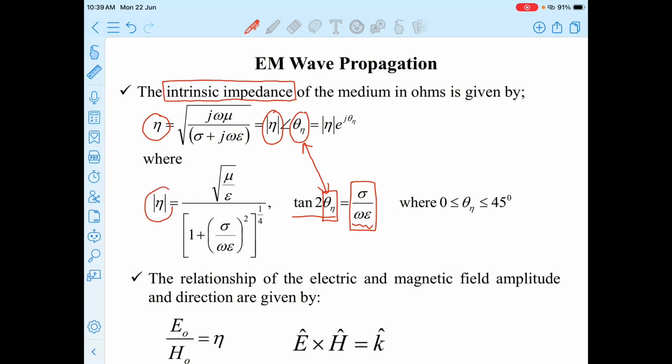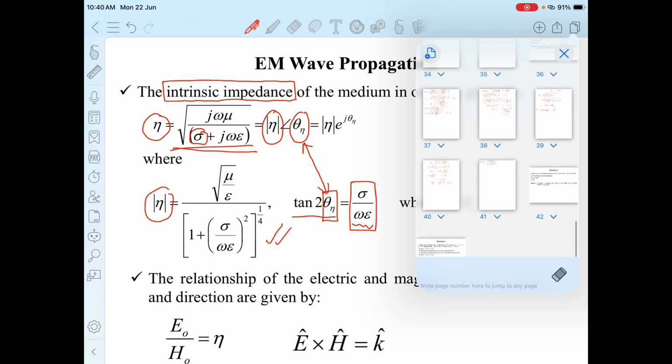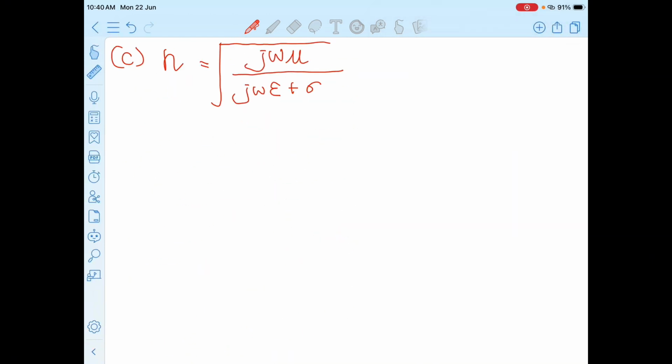And for the magnitude, we can apply this formula, or we can calculate using this way, but that means we have to calculate sigma. So it depends on what you want to use. In this case, it will be easier if we apply this, so we are going to solve using this method.